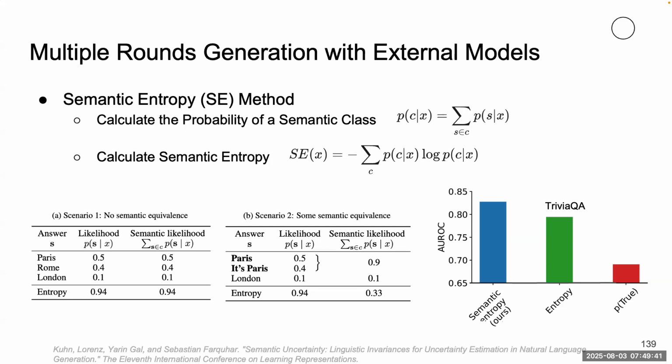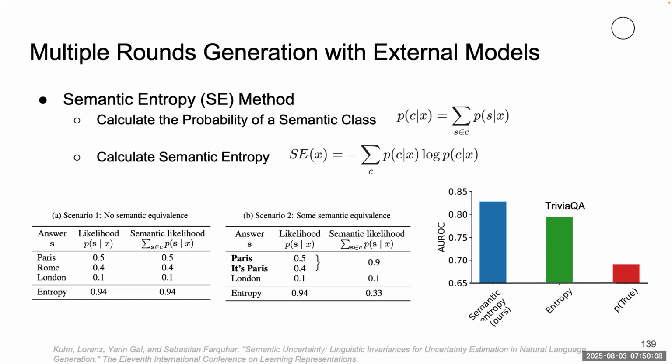The example is shown here. If you have this input, like what is the capital of France, and your answers are Paris, it's Paris, London, and you directly use the entropy of likelihood, then you get it this way, right? So 0.5, 0.4, 0.1, you get their probabilities.